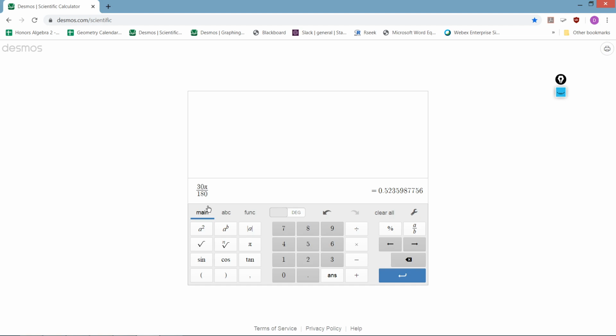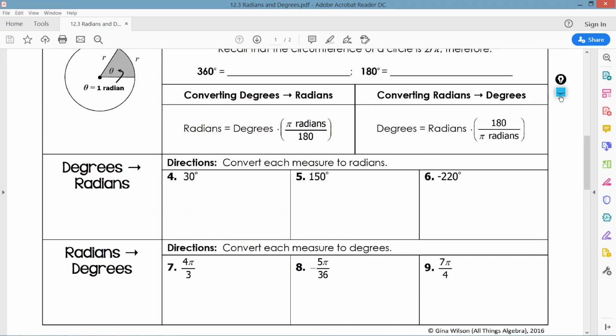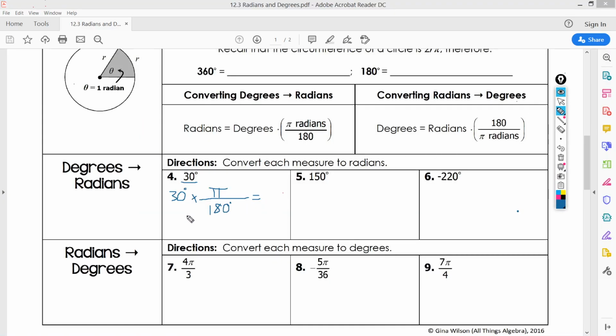So what do we do right here? Well, let's go back to our problem. We want to reduce this fraction, right? So I'll just write it over here, 30 pi over 180. The first thing that should be obvious is that we have zeros here, so let's cancel those zeros. Now I have 3 over 18. What's 3 over 18 reduced to?